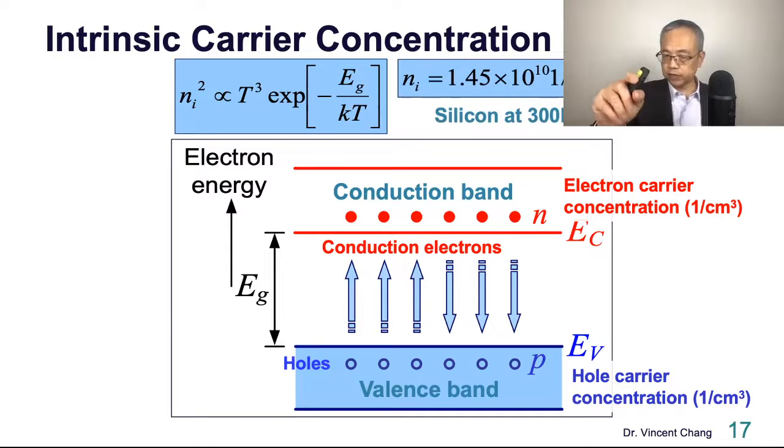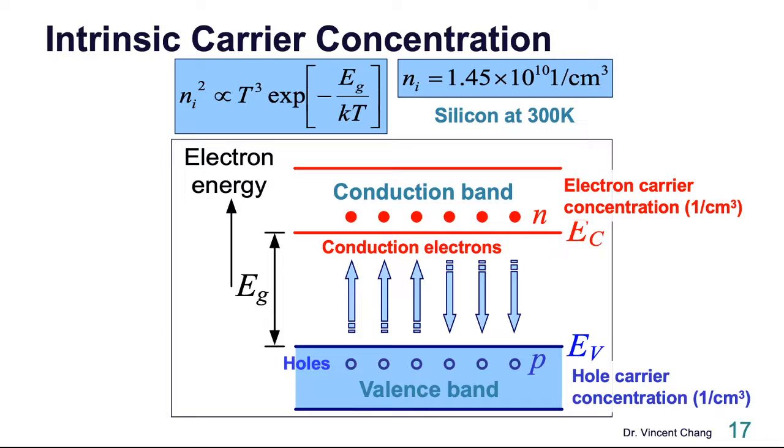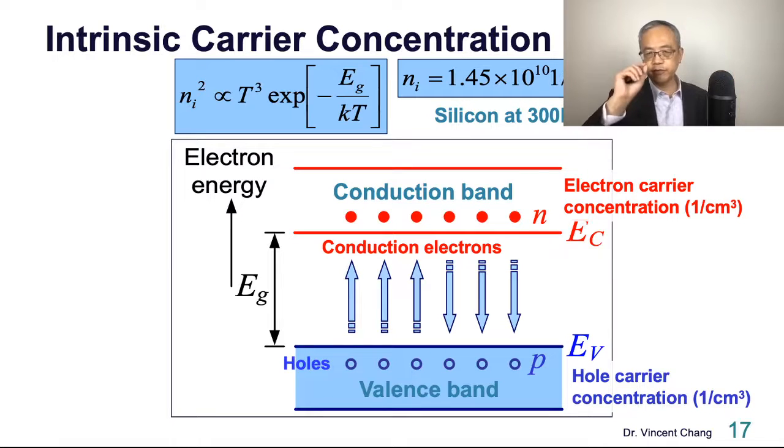The last one, for silicon at room temperature, ni is 1.45 times 10 to the 10th power per cubic centimeter. So I think you have to remember this. So ni, 10 to the 10th power per cubic centimeter.